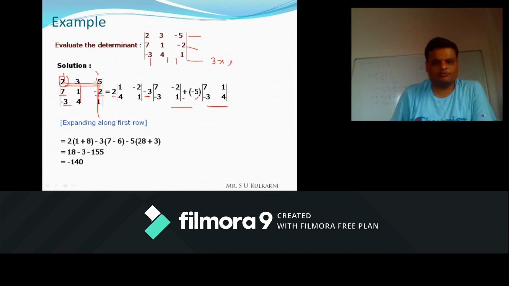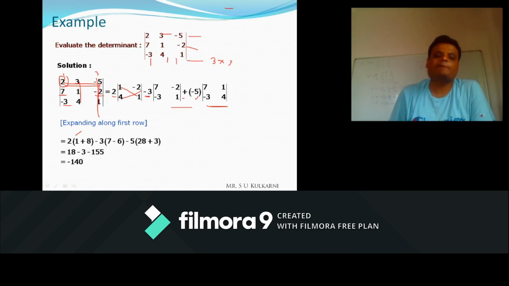Now you have 2 by 2 determinants, so here you have to perform cross multiplication. 1 into 1 is 1, and 4 into minus 2 is minus 8, but you have one more minus of the determinant, so this minus and this minus become plus, and 4 into 2 is 8.